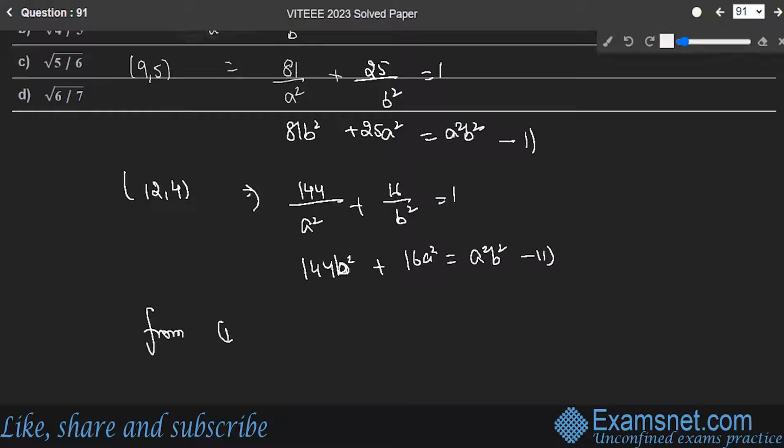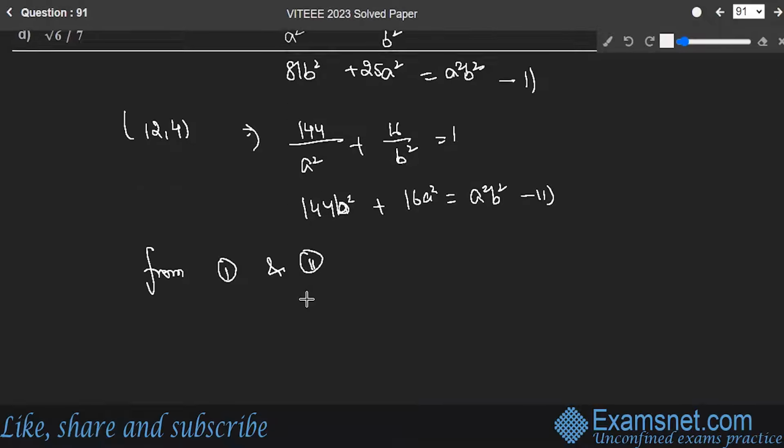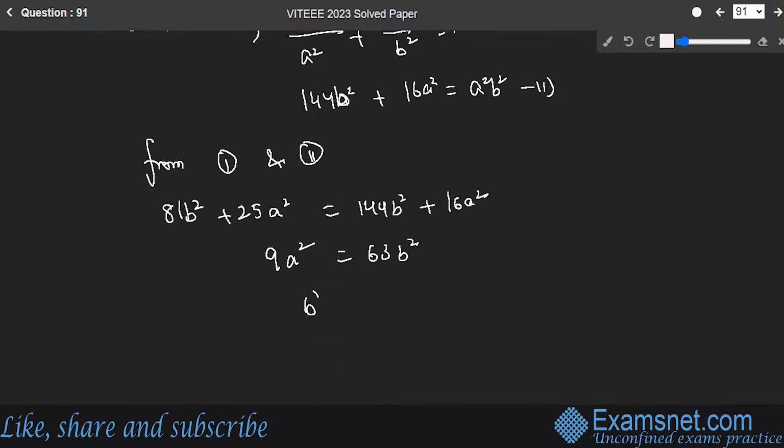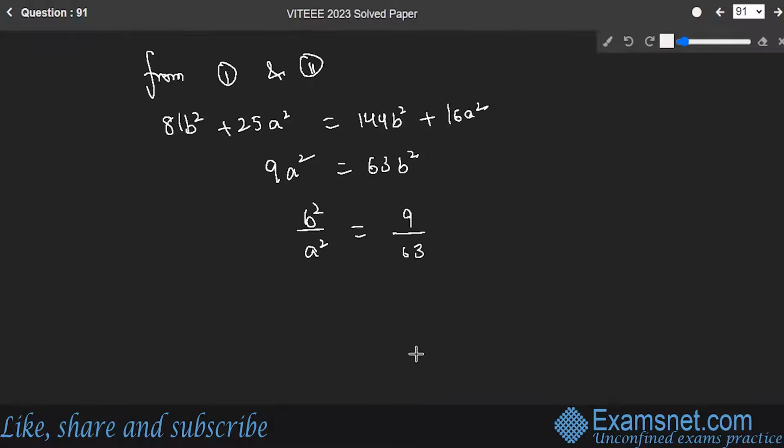So from 1 and 2, you have 81 b square plus 25 a square is 144 b square plus 16 a square, or this gives you 9 a square is equal to 144 minus 81, that is 63 b square, or b square upon a square is equal to 9 upon 63. That's it. And what is the eccentricity given by?